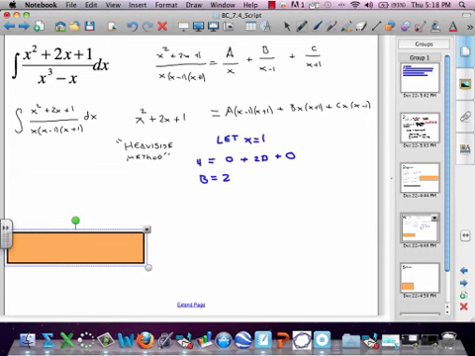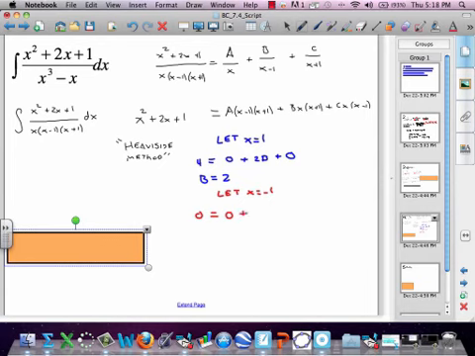Okay, very nice. Now let's do the same thing. This time let's let x equal -1. And you'll be amazed how simple this is, but it works out real nice. Okay, well here we get 1 minus 2 plus 1. So that's a 0. 0 is equal to, this guy with the a's is still 0.